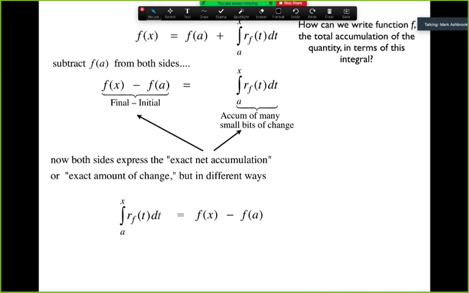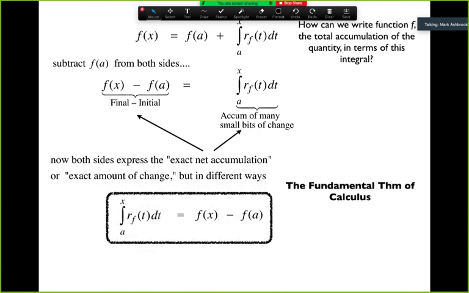Do you recognize that? Isn't that like the definition of an EF? Yeah, so this is the equation that's representing the fundamental theorem of calculus. So the fundamental theorem of calculus, what does it do? It expresses the exact net accumulation of a quantity at that rate in two different ways.